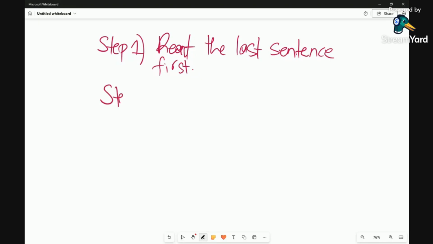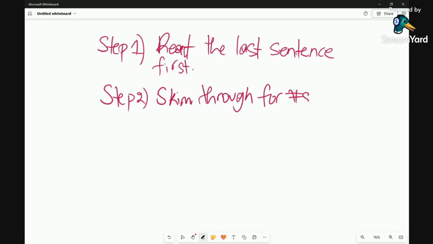All right, now in step two, and I teach this also in my regular math classes, you want to skim through the question, especially if it's a long passage. Skim through the passage, or the question, for numbers and keywords.